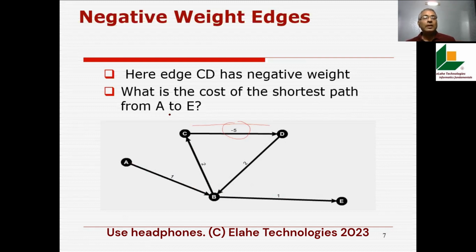Now, I may take a detour, right? I may go from A to B, and then from B to C, and then C to D, and D to B, and then go to E here. So what is the cost of the path now?